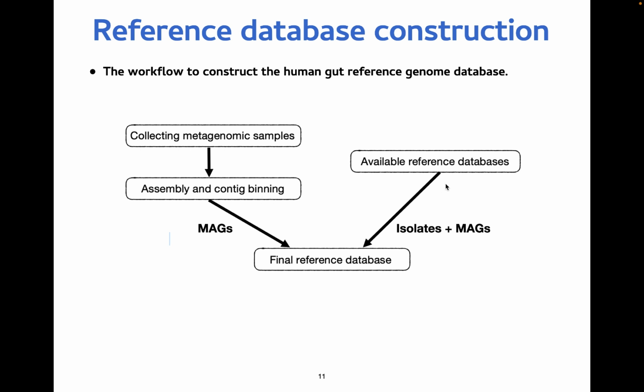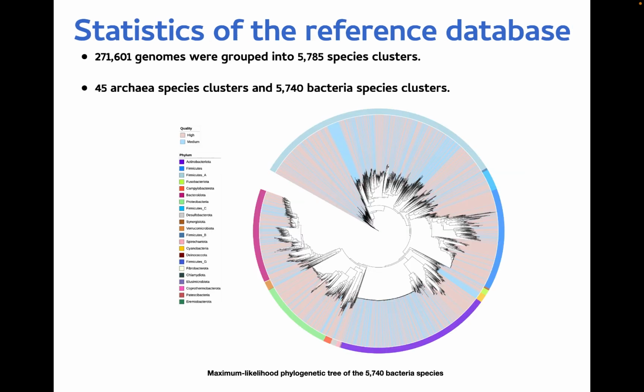On the other hand, we downloaded a lot of available isolate genomes and MAGs from public resources. Finally, we integrate all of these genomes together as our reference genome database.